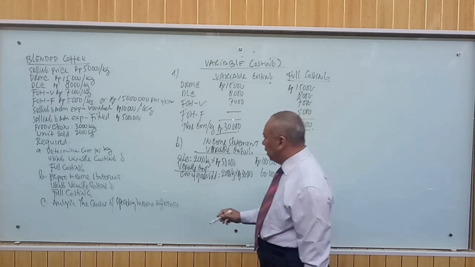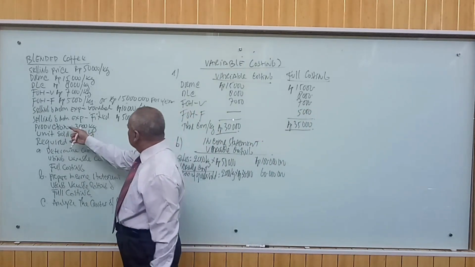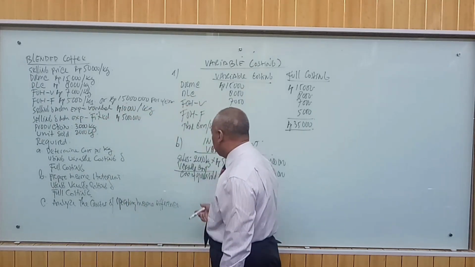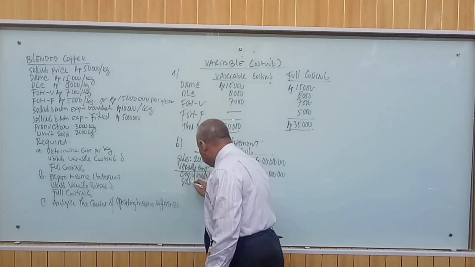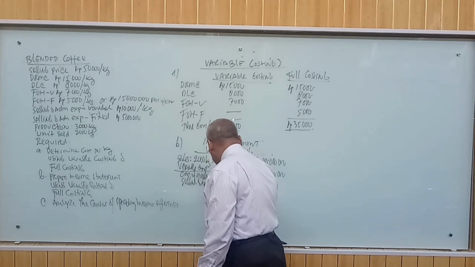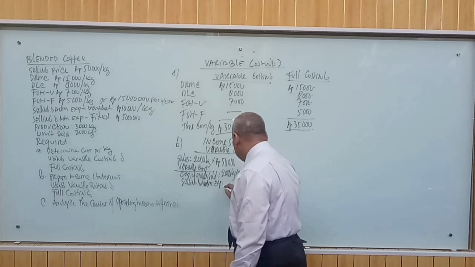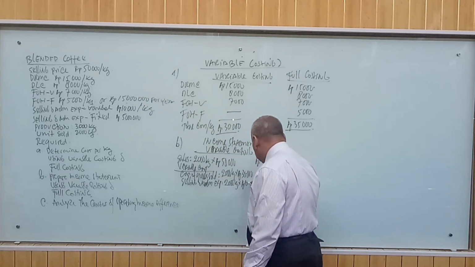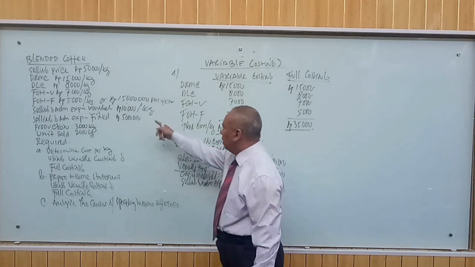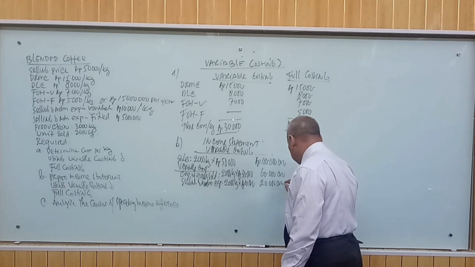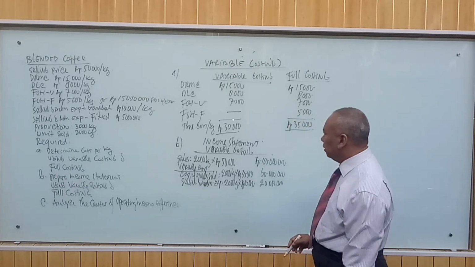And then the variable selling and administrative expenses: 2,000 kg times 10,000 per kg will be 20 million.